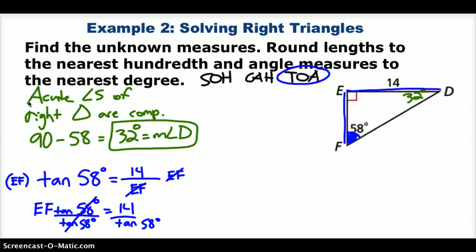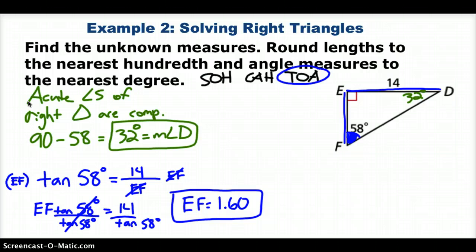Okay, and those will cross out, and I'll end up getting that EF equals, and again, I got to go back to my calculator here, so let's figure out 14 divided by 58 tangent, and that gives me about 1.60. So I'm going to write 1.6 for EF.